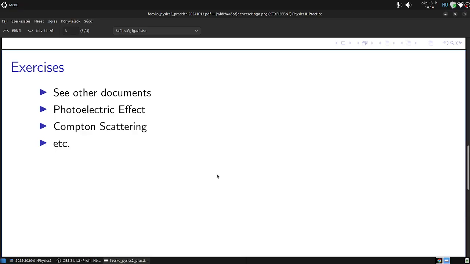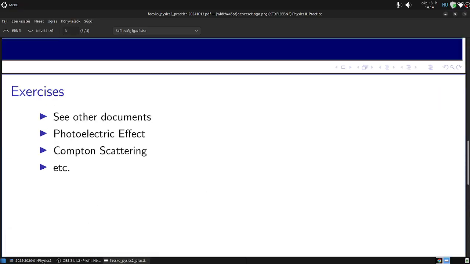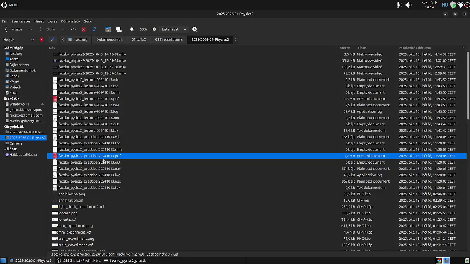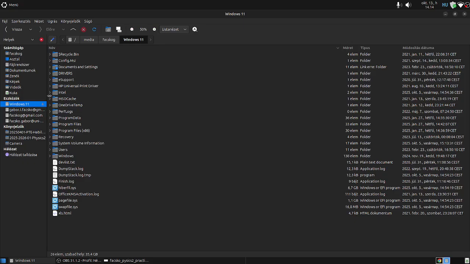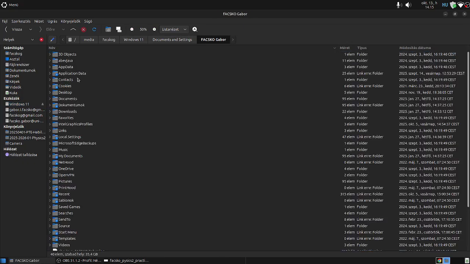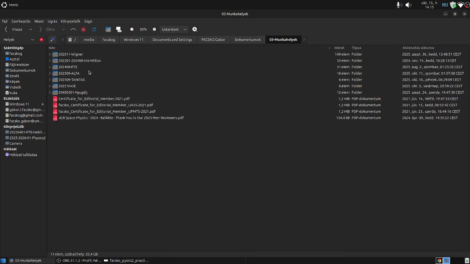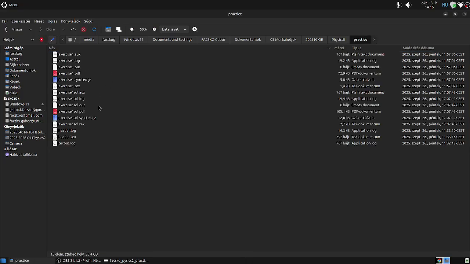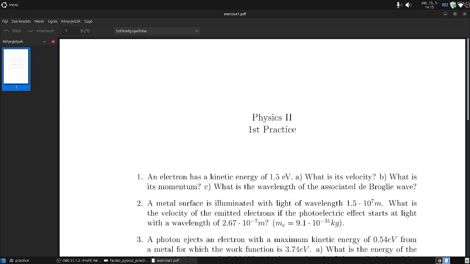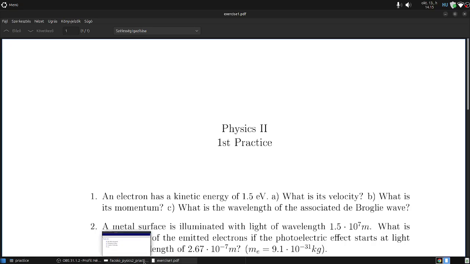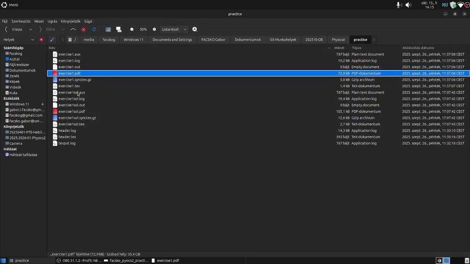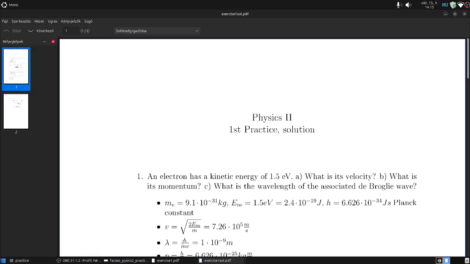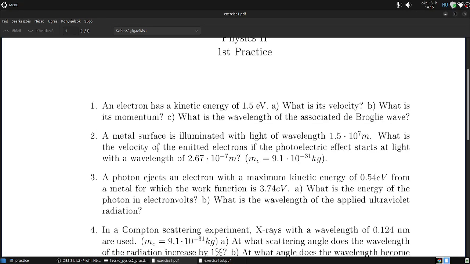Okay, so here we have exercises. Okay, the electron has a kinetic energy, and so on.